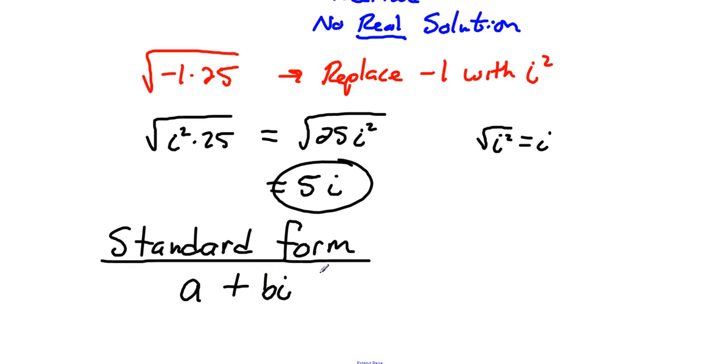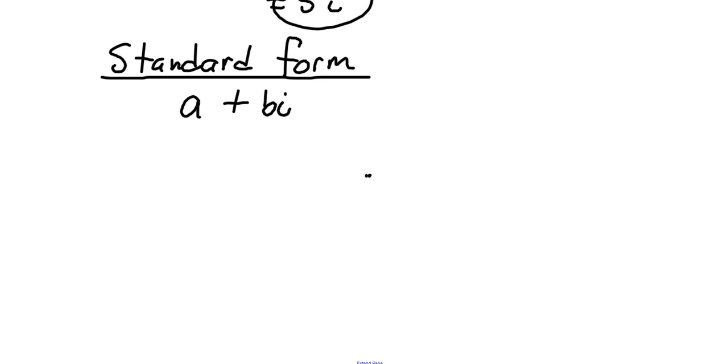And that's A plus BI, where A is the real number part, and then the BI, that's the imaginary number part. So really, if you talk about complex form, it's two parts. It's the real number part, and then it's the imaginary part.